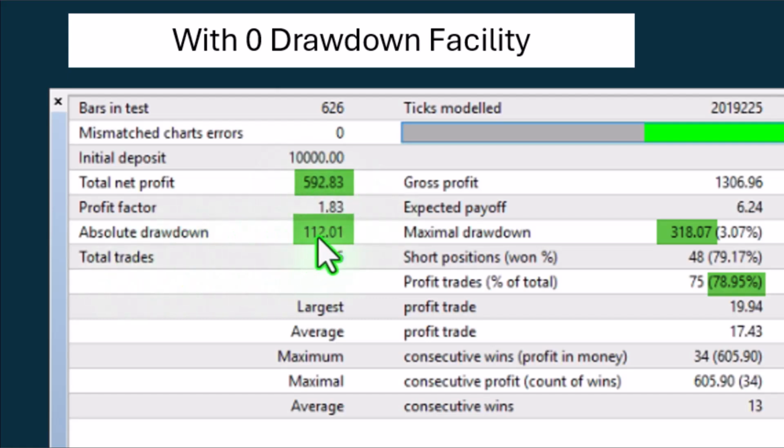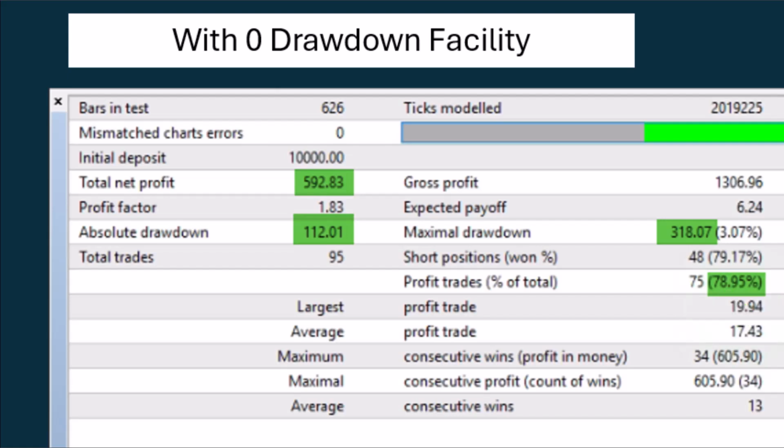The absolute drawdown was $112. Remember, we are trading with a $10,000 account, so it's highly safe numbers we're talking about here. Maximum drawdown $318 compared to the $592 income. And profitability is just under $80.